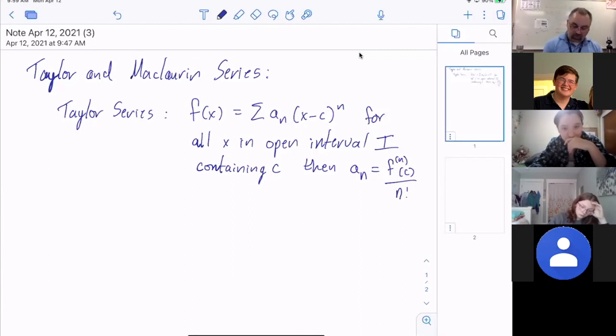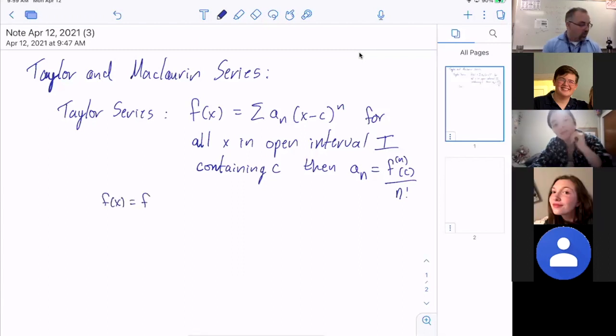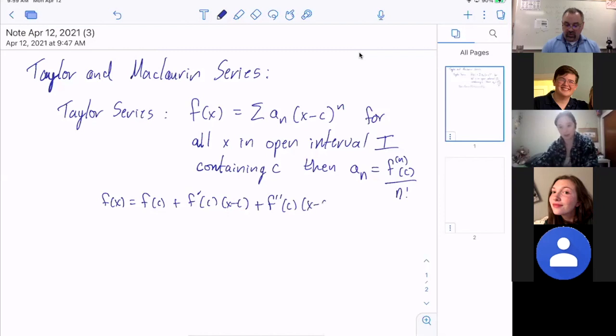Now, then f of x equals, well, f at C, then f prime at C times x minus C, f double prime at C times x minus C squared over 2 factorial, and so on and so forth, right?